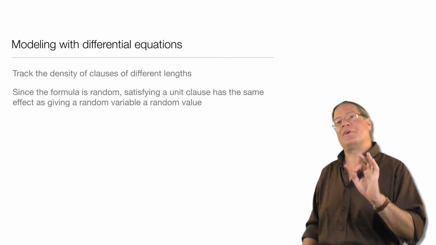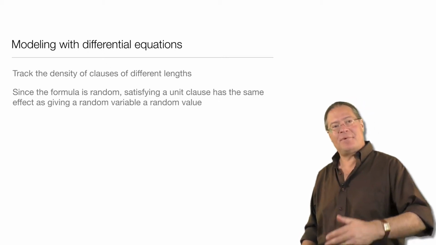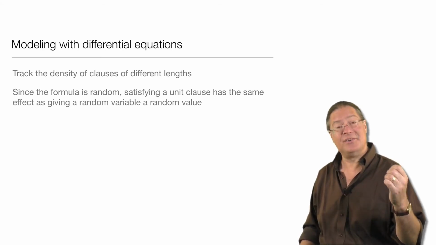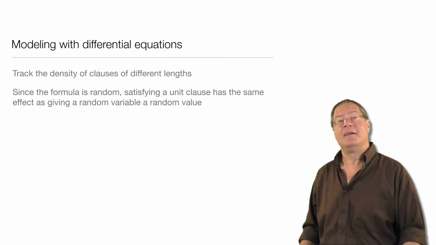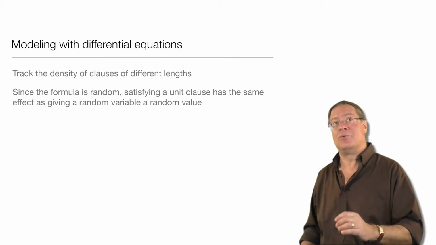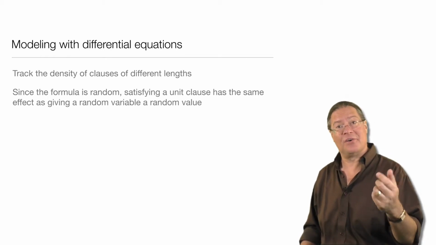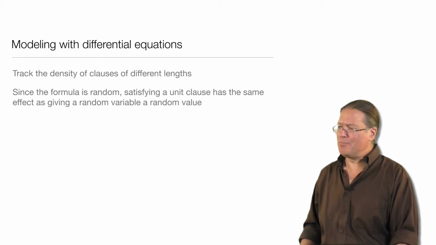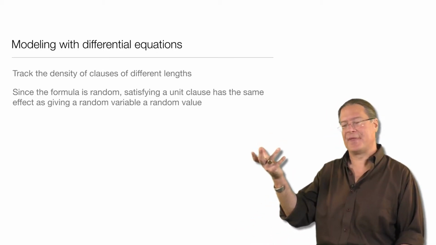Now there's an important thing which will simplify our analysis. Remember that our search algorithm, if there are currently no unit clauses, gives a random variable a random value. If there is a unit clause, or if there are multiple ones, it chooses one randomly, and gives that unit clause the value that it wants that variable to have. Now put yourself in the shoes of, say, a 3-clause sitting over here.